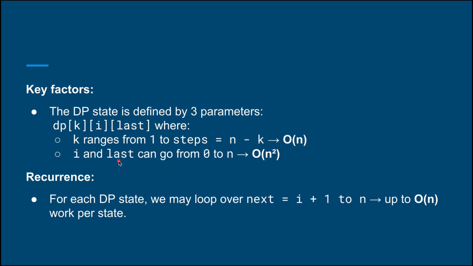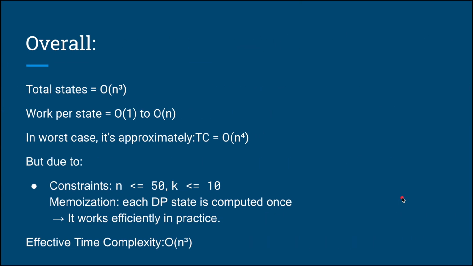I will go from 0 to n, that is n squared, and the recurrence step is also there, that may loop from next, taking i plus 1 to n, and it will take O of n time per state, right? So overall the states are O of NQ, and the work per state is O of 1 to O of n, and the worst case becomes O of n to the 4, right?